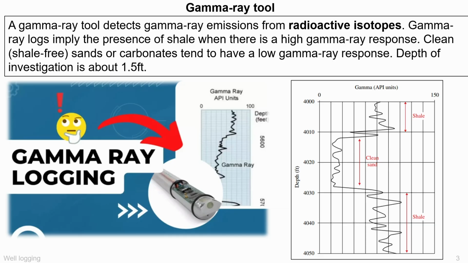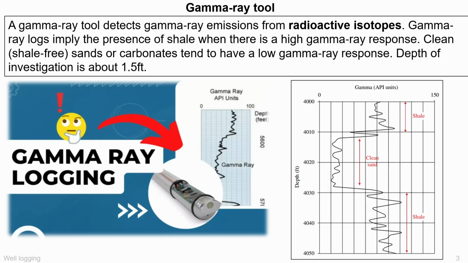High gamma-ray readings usually indicate shale, because shale commonly contains more radioactive elements associated with clay minerals. Clean sands and many carbonates usually have lower gamma-ray responses. This makes the gamma-ray log extremely valuable for distinguishing shale from cleaner reservoir intervals.